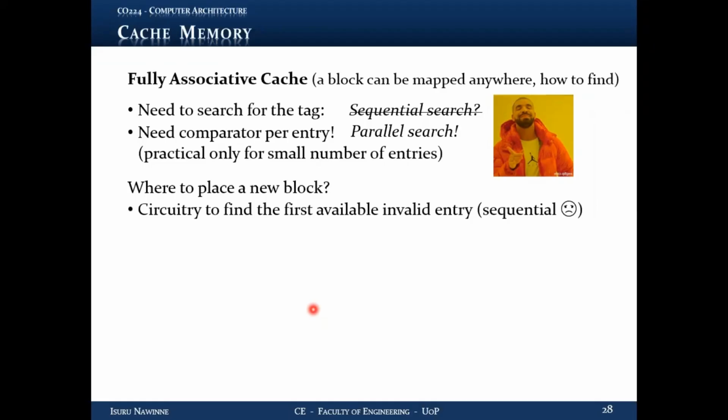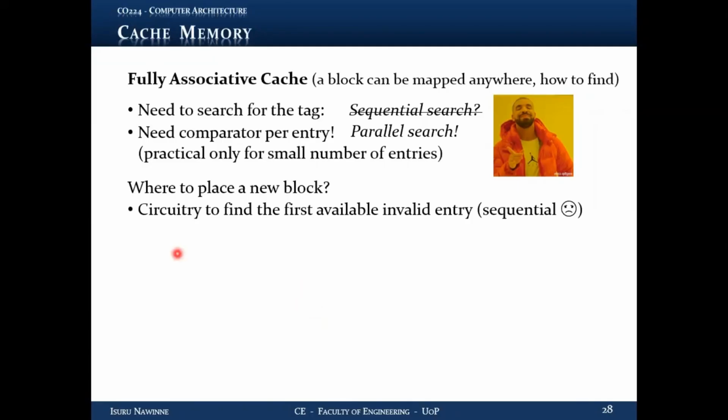What we'll have to do is add some hardware circuitry to find the first available invalid entry in the cache where we can put it. Rather than throwing out something that exists there, if you have an invalid entry, that is the best place to put it. If you have multiple invalid entries, you have to pick one, so we need some logic behind it.